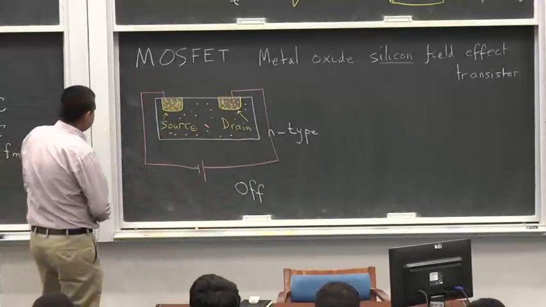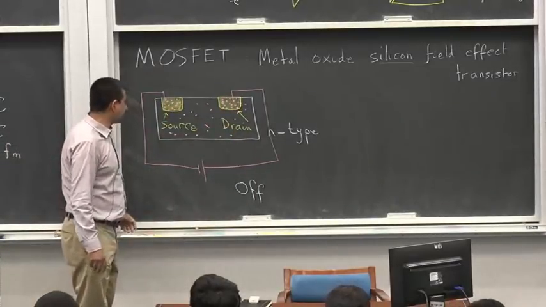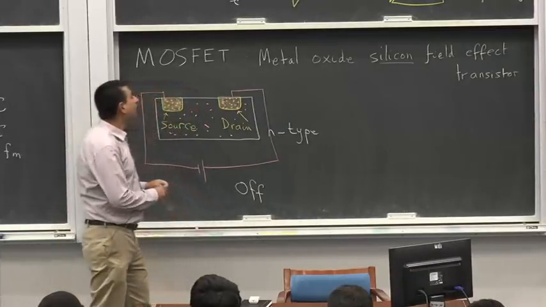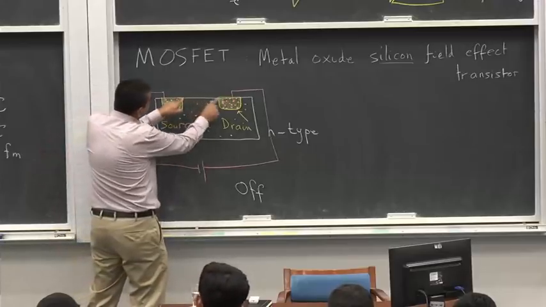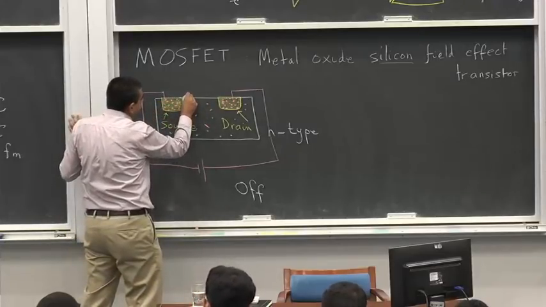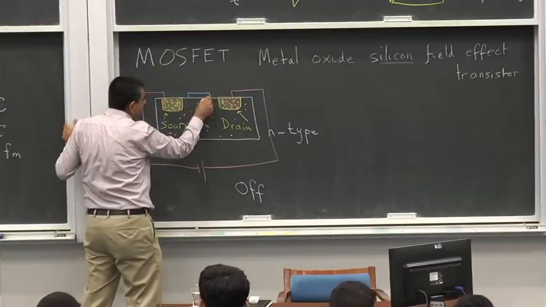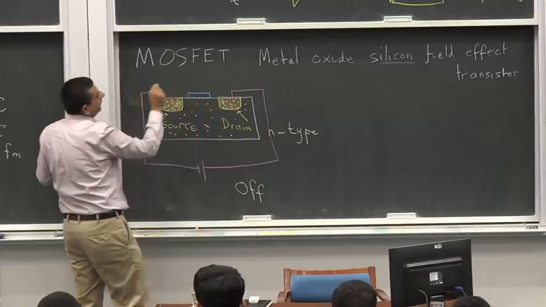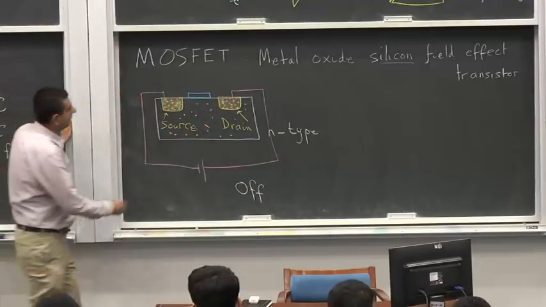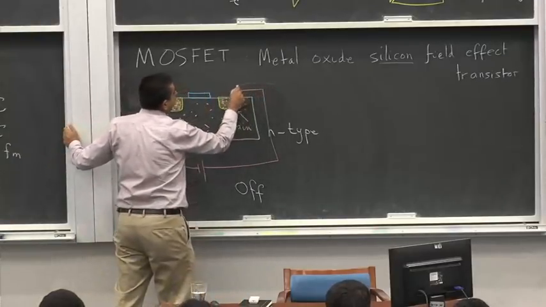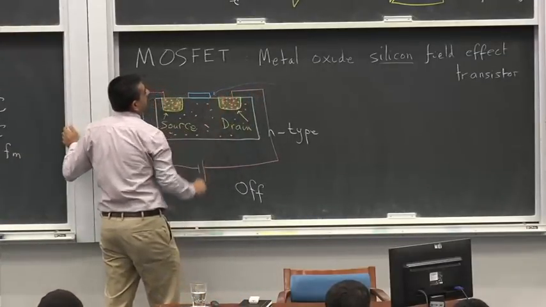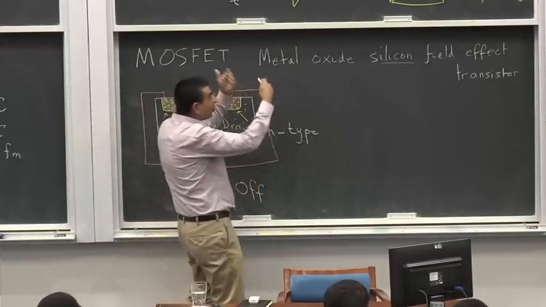Now, this transistor has an additional piece of structure built on top of it. In this region, there is an insulator. Okay, so this is my insulator. This is generally a metal oxide.